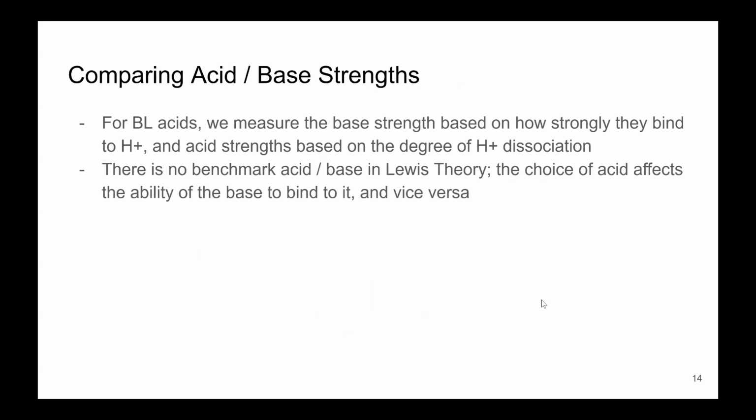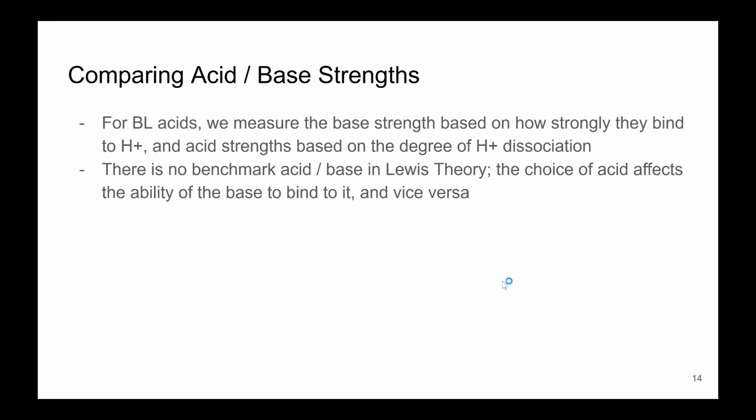Our benchmark is H plus, but there's no benchmark for acids and bases in Lewis theory because you can't really benchmark electron donation in a simple sense. It's easier to benchmark using H plus than using electrons.